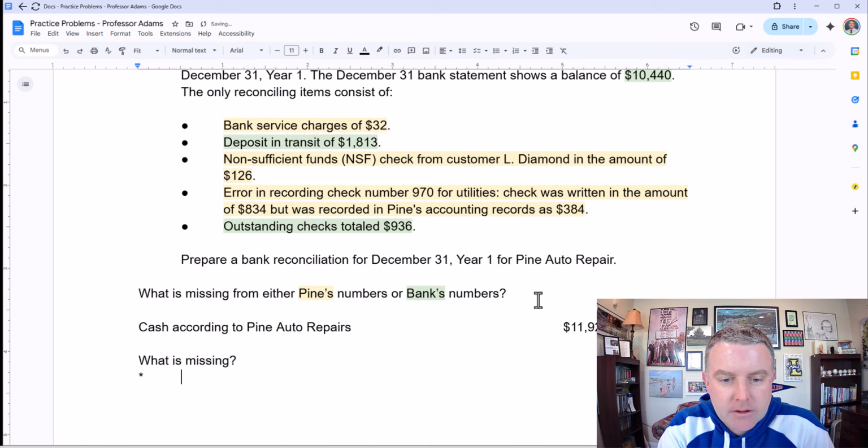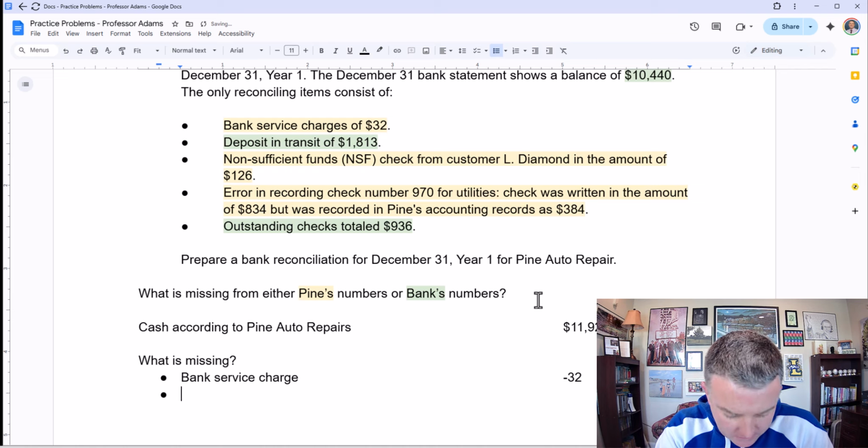So what is missing here? What is missing first is the bank service charge. So all the yellow items, bank service charge. And the amount of the service charge was $32. That should reduce the amount of cash in our records.